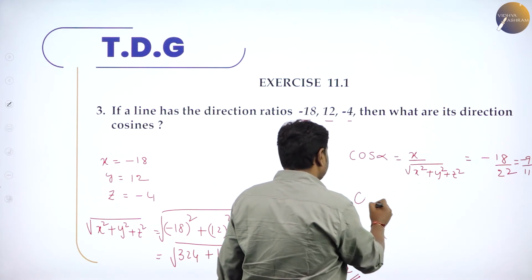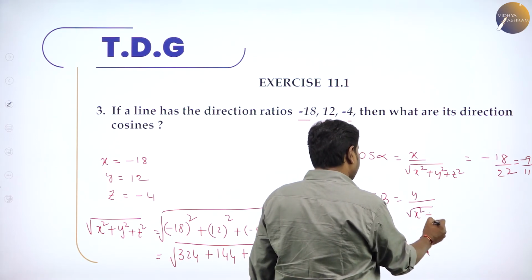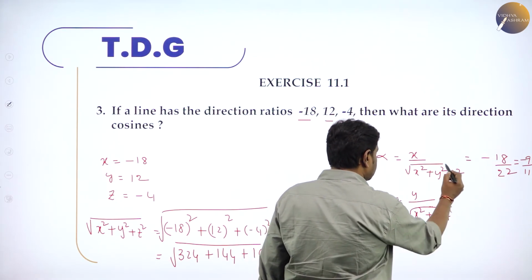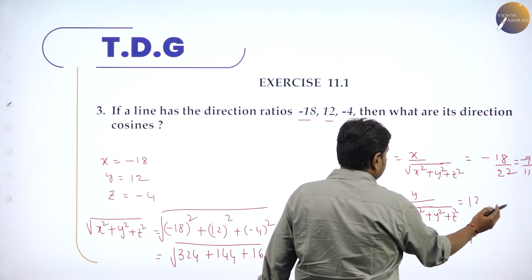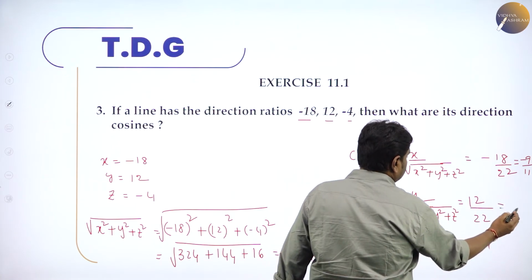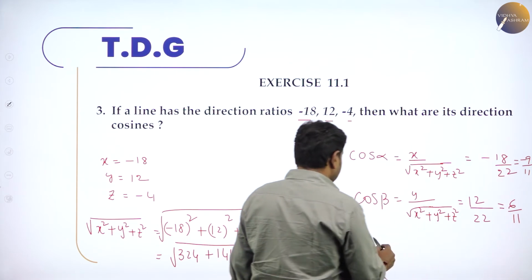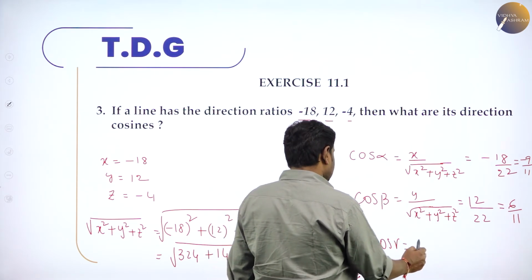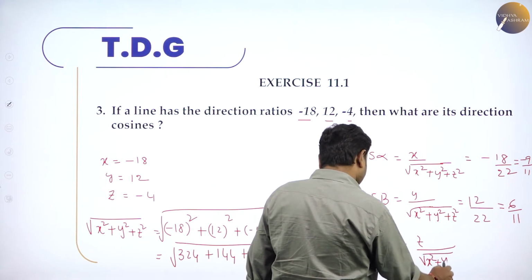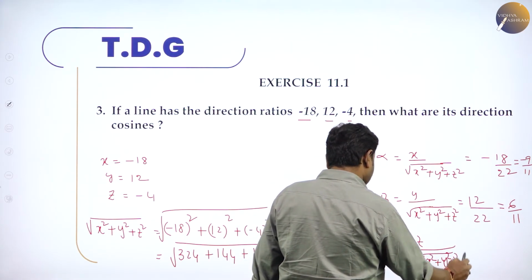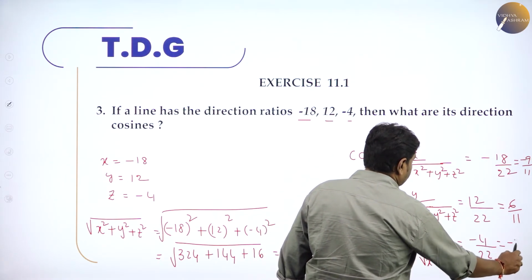Cos beta is equal to y by the magnitude. The direction ratio y is 12, so 12 divided by 22. Both are divisible by 2, giving 6 by 11. And cos gamma is z by the magnitude, that is minus 4 divided by 22, that is minus 2 by 11.